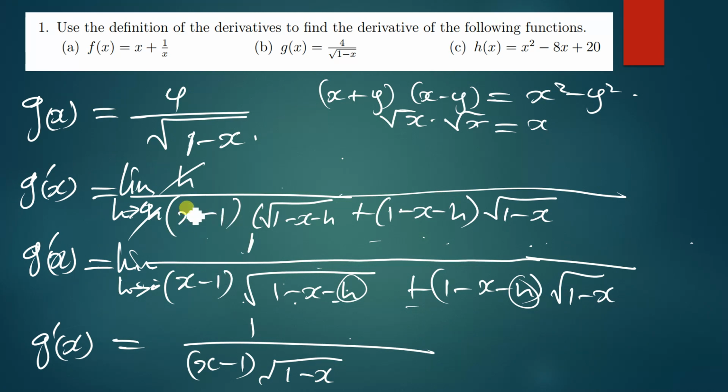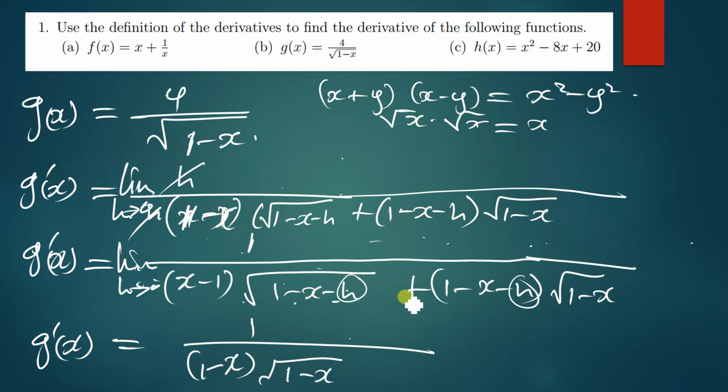I don't know where I'm getting this x minus 1. It's supposed to be 1 minus x. Even here, it's not supposed to be x minus 1, but 1 minus x.